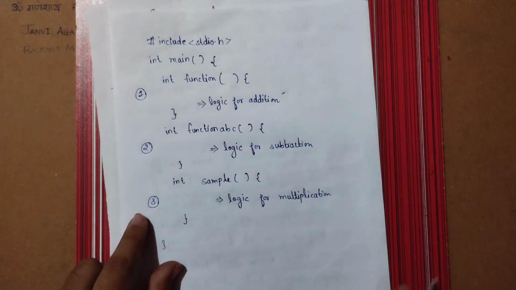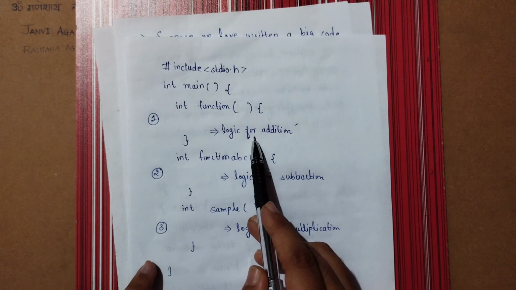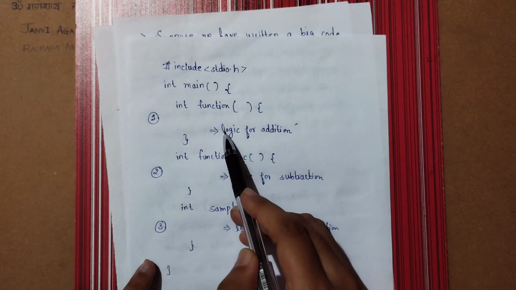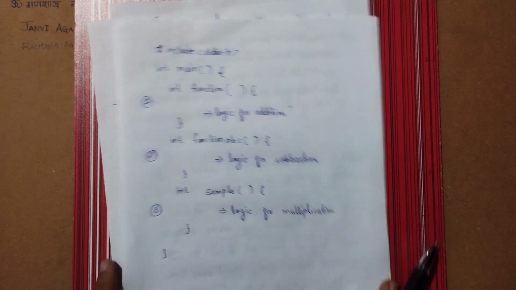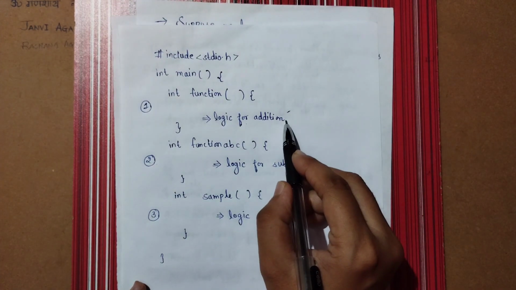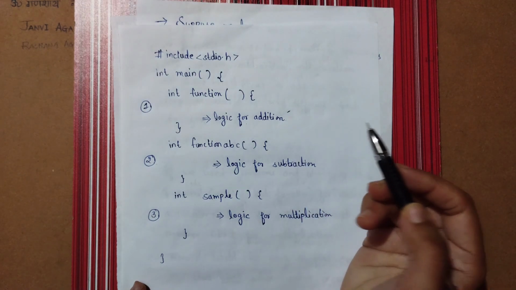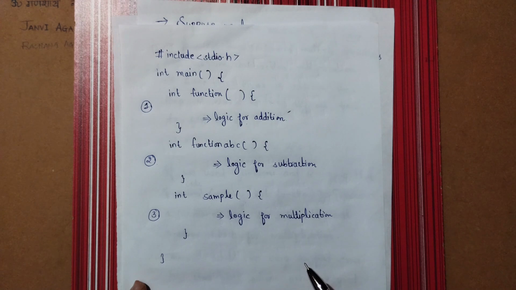As I said, a function is nothing but a block of code. This is one function and it consists of a block of code. Second function, third function. Suppose when you write some code in this block and you make some error, might be a compilation error. When you run this code, you'll get an error, right?